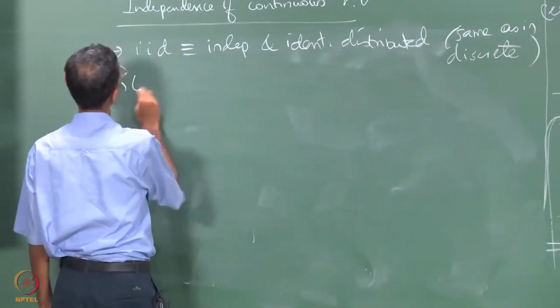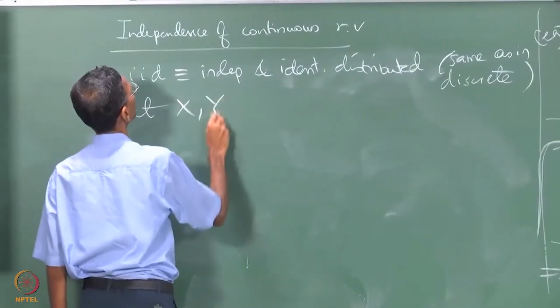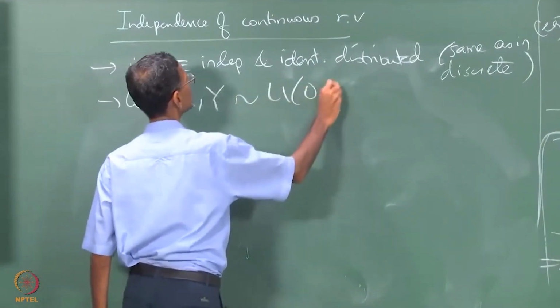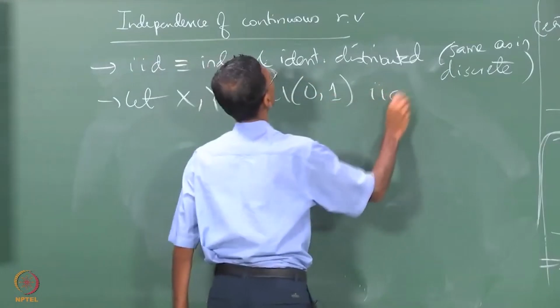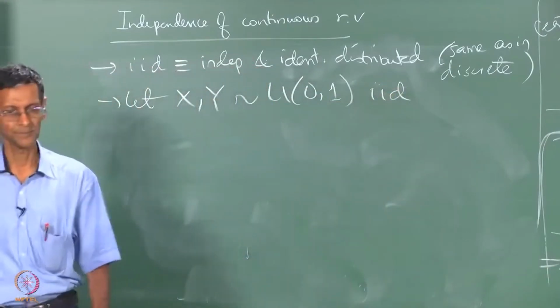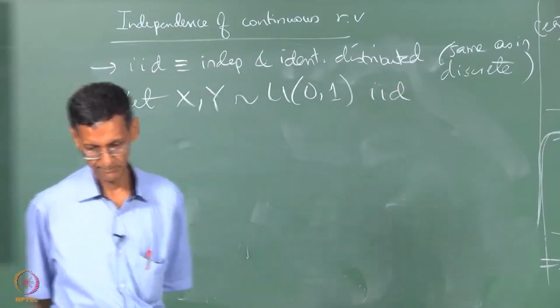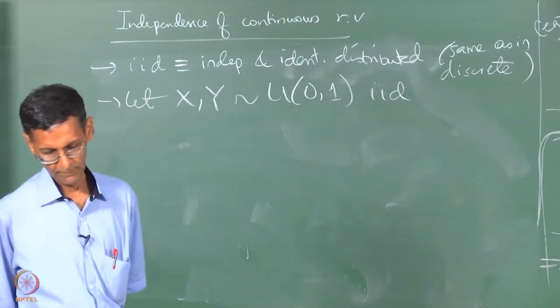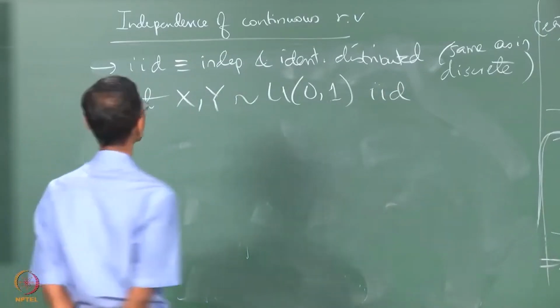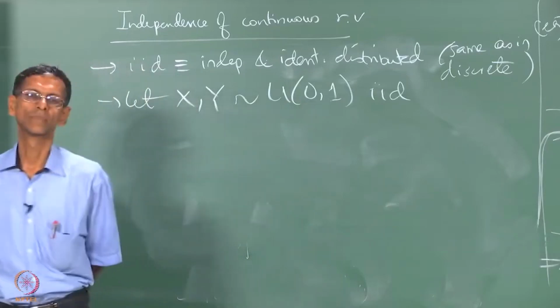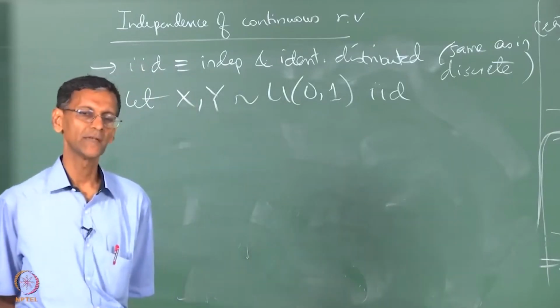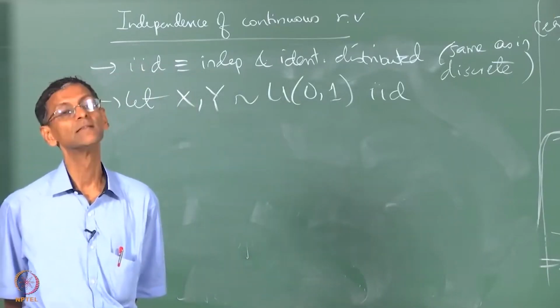So let x and y be U01, two continuous IID. So what is a joint PDF going to look like?